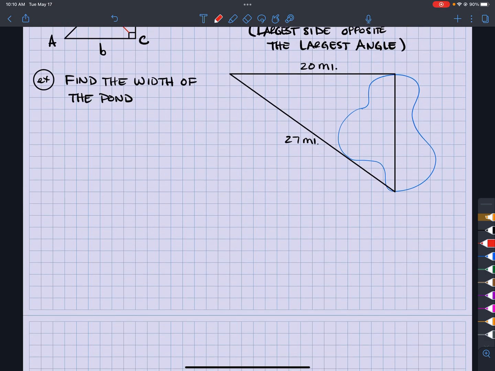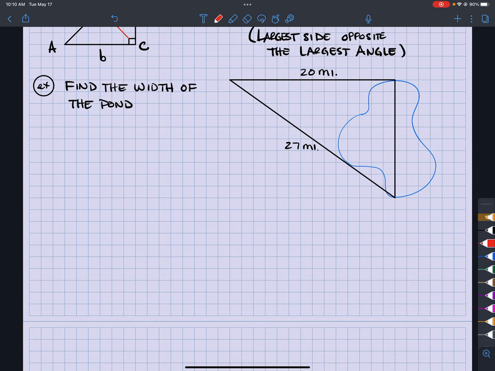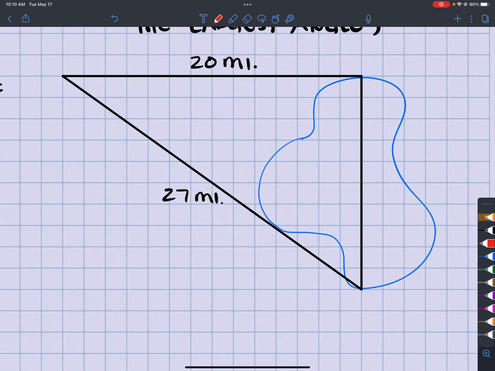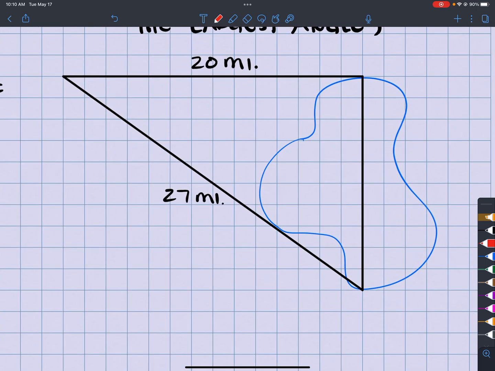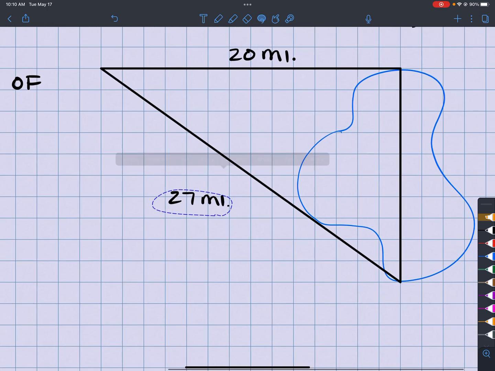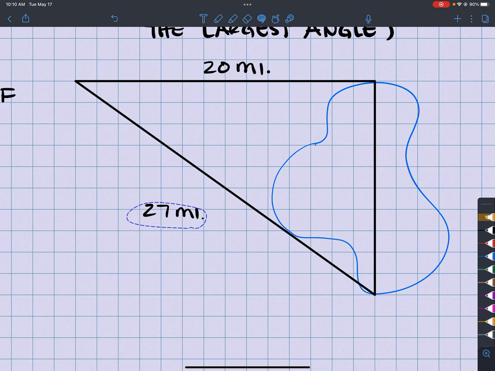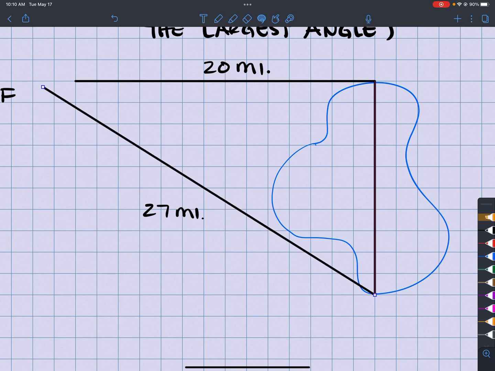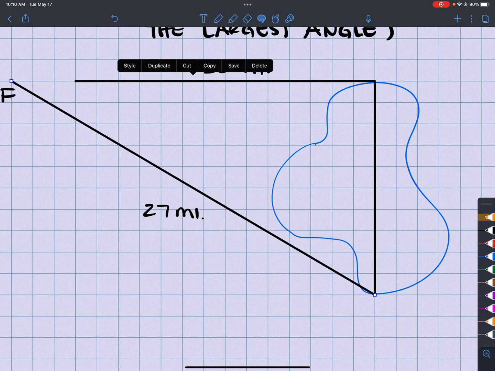So, for example, if we were given a problem, let's say they're looking to see how wide this lake is. They don't obviously want to take a tape measure and jump in the pond to figure out how wide this lake is.